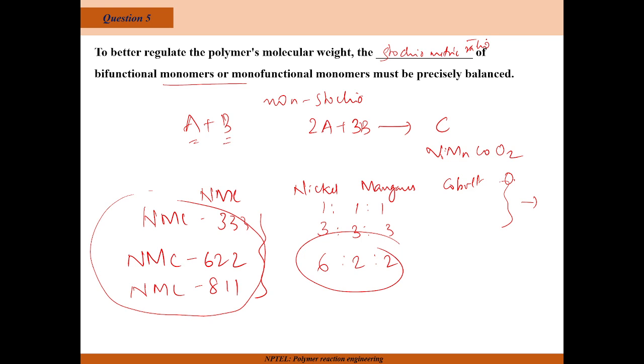And in non-stoichiometry, it will not be an integer, it will come in a decimal form, it cannot be just written in natural numbers like this. So I think that is the basic difference between stoichiometric and non-stoichiometric ratios.